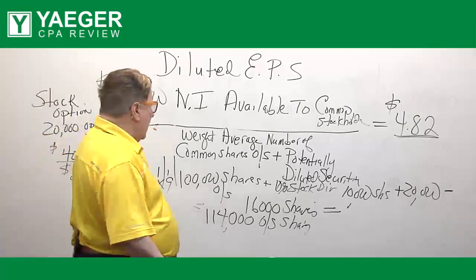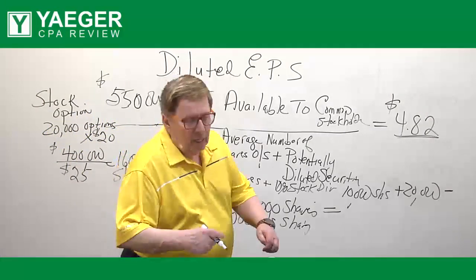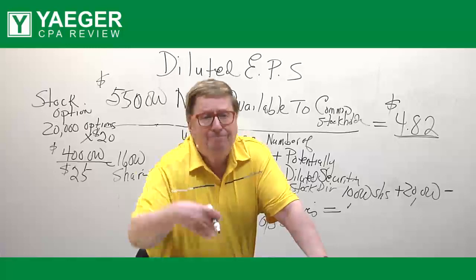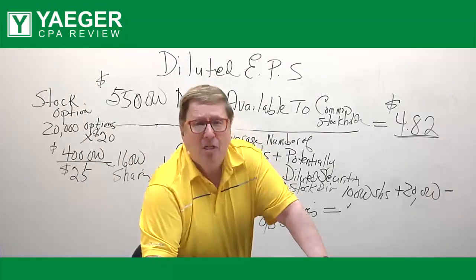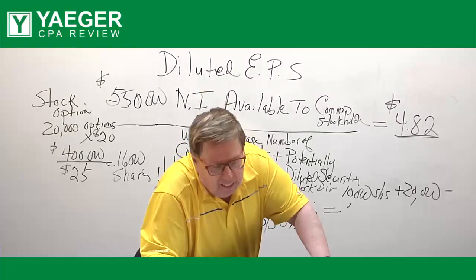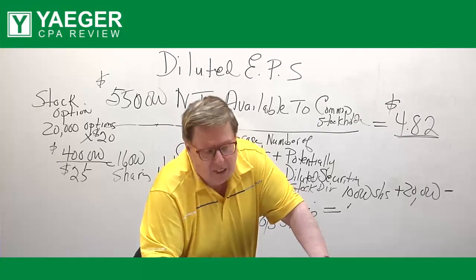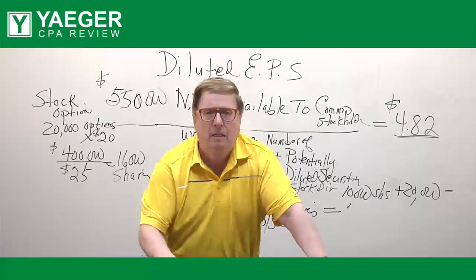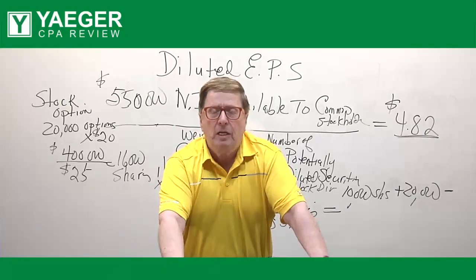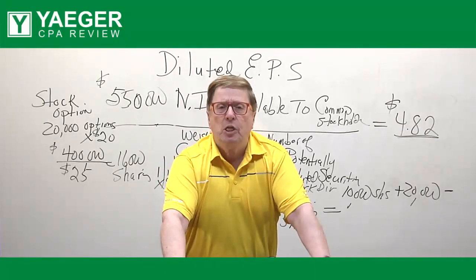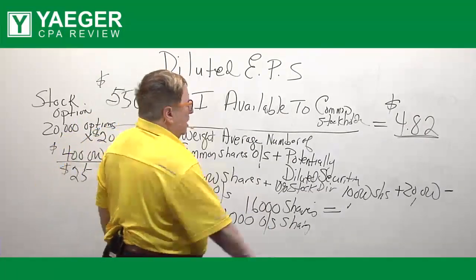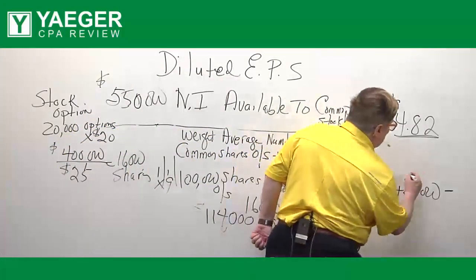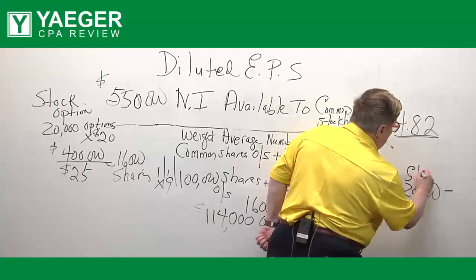Now, we're going to add to that also, the conversion of the stock options. Assuming the stock options become stock, they're going to get 20,000 additional shares of common stock, at $20 a share. Now, we assume that the stock options were exercised. So what we're going to do here is add the 20,000 shares as a result of the stock options.